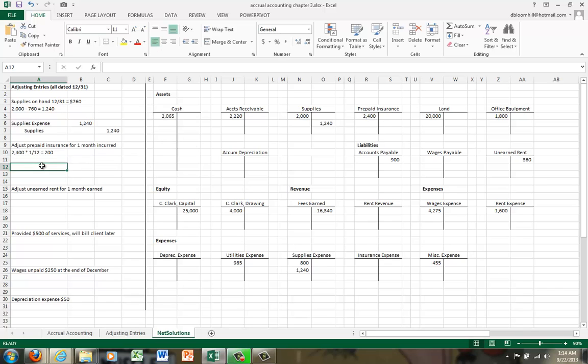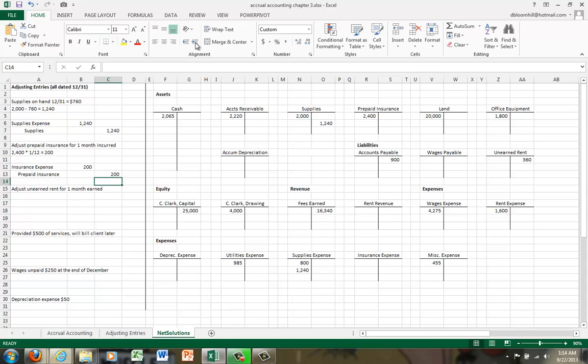So for our adjusting entry, first we're going to debit insurance expense for the amount of the adjustment, $200, 1/12 of that amount has been incurred, and then we're going to credit prepaid insurance for the same amount, $200, because again we know that our adjusting entries always balance. Every journal entry balances.